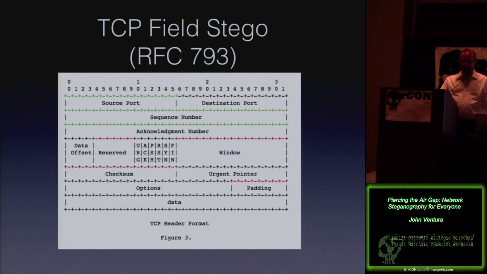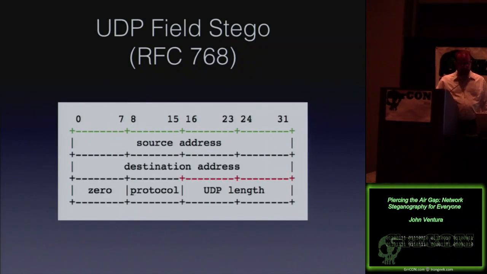And again, the checksums. Maybe some networking equipment is going to give you some problems if you have a broken checksum. Maybe some operating systems might even try to fix that checksum for you, but again, it is computationally intensive-ish, especially if you are monitoring thousands or tens of thousands or a whole country. UDP has similar issues. Again, the length field, we talked about modifying the length of the datagrams, and you absolutely can hide data there.